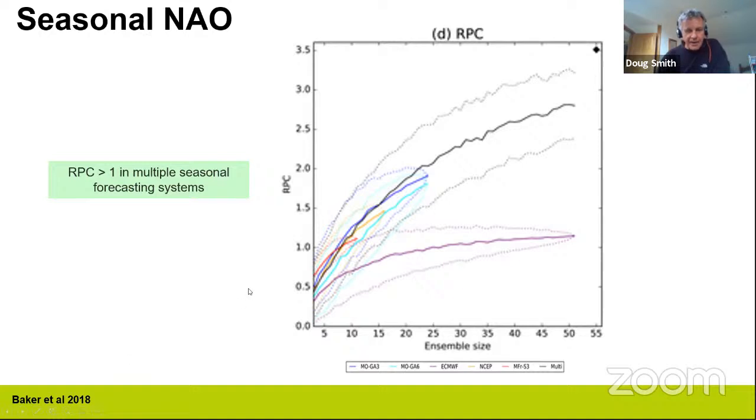And this paper by Laura Baker shows that all of the operational seasonal forecasting systems that she looked at, so several of them here, suffer from this signal to noise paradox, with the RPC plotted on the y-axis extending to values greater than 1 as we add more ensemble members. The only one that doesn't suffer from this problem is the ECMWF model, but that's because it doesn't have any correlation skill with the observations.